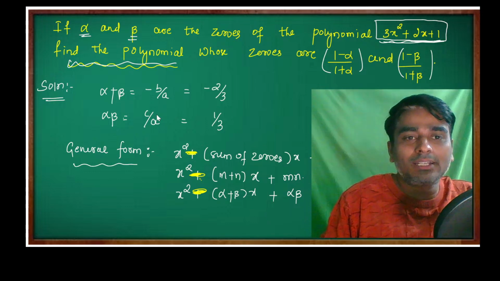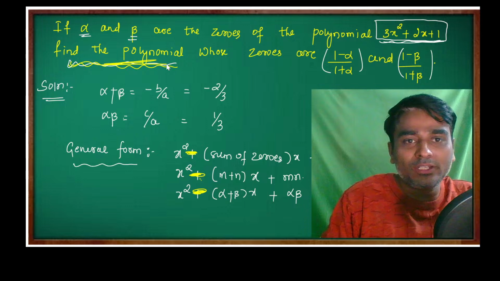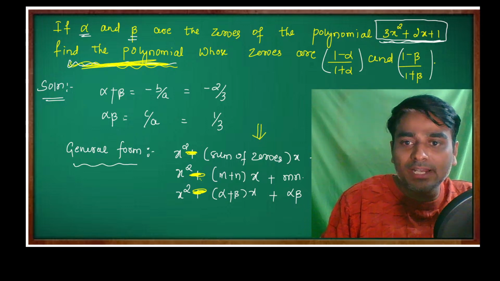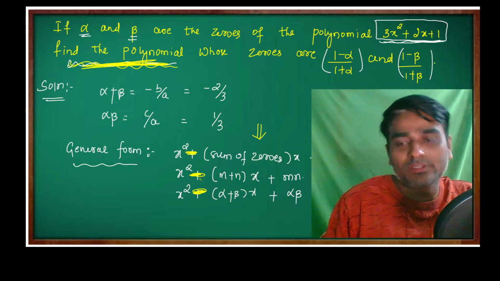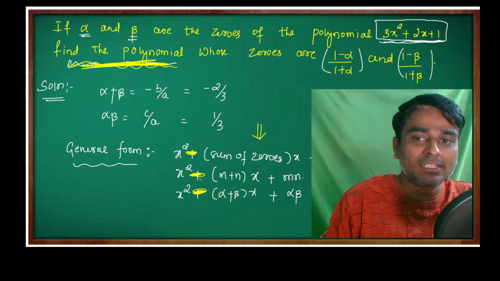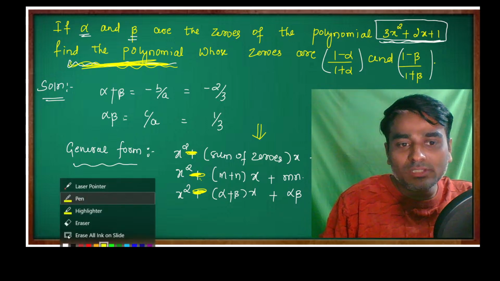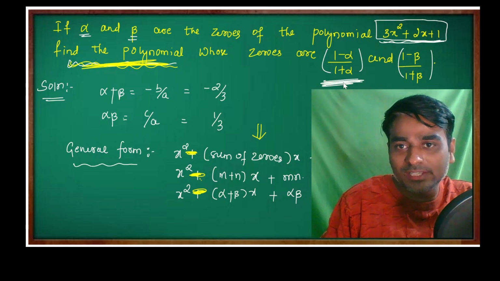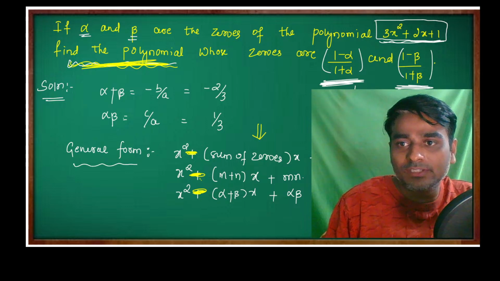Now you see, if you want to find the polynomial, you need to get the sum of zeros and the product of zeros, and you will insert them here. But now the twist is, these are zeros of the new polynomial. We need to take help of these zeros to form a new polynomial.